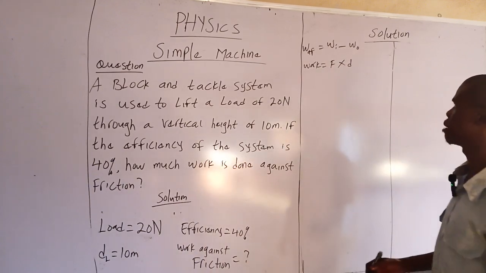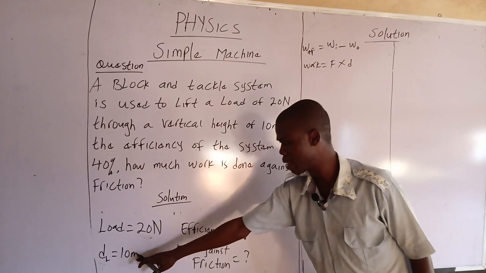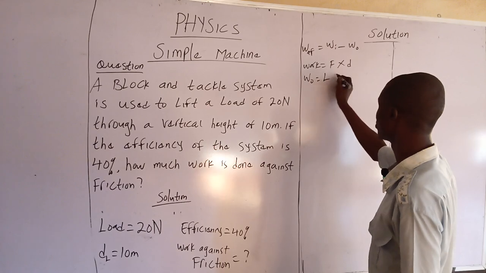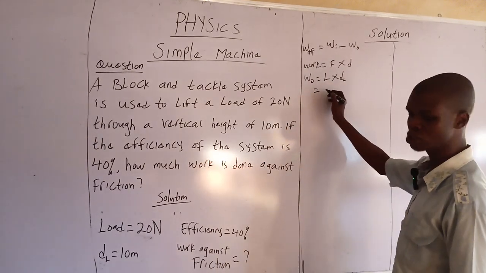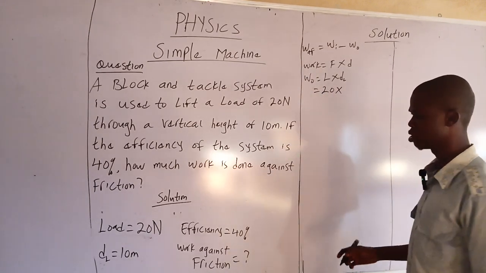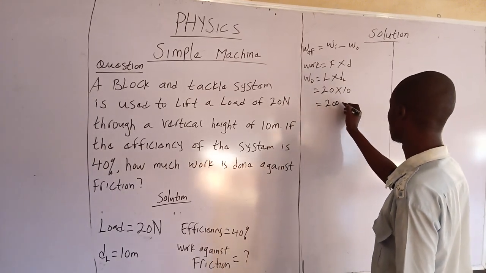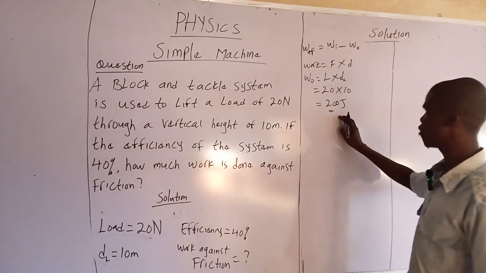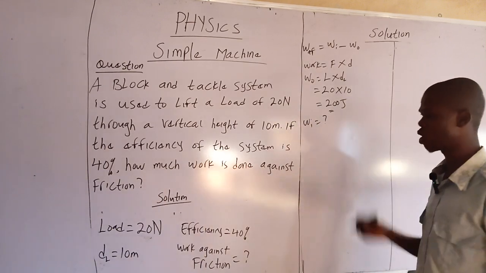So load times distance of the load stands for work output. Our load is 20 multiplied by distance 10, and that gives 200 joules. But we don't have our work input, so we have to look for our work input.